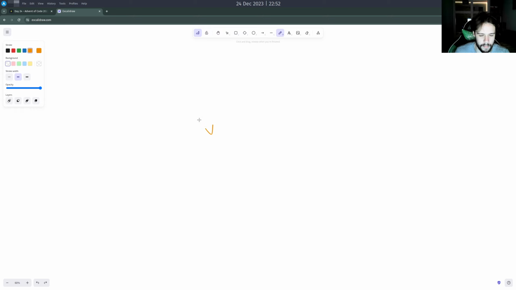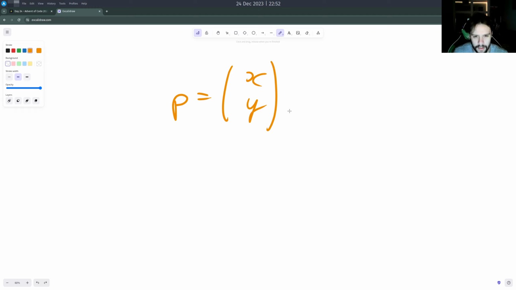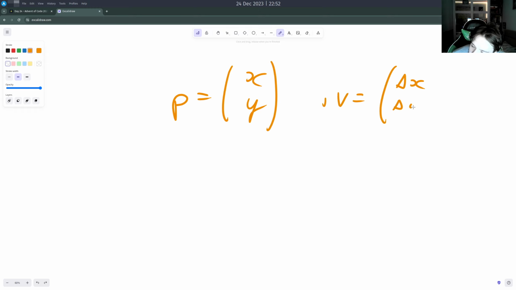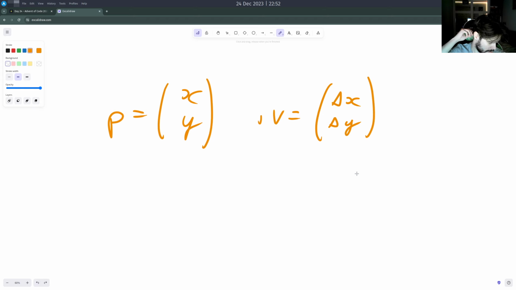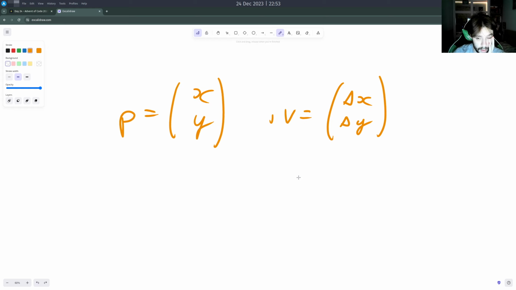Let's go with that. P is equal to x, y, and then the velocity is equal to the change in x, change in y. So that's the velocity. Let's say we have 2 of these. We want to know if they intercept.